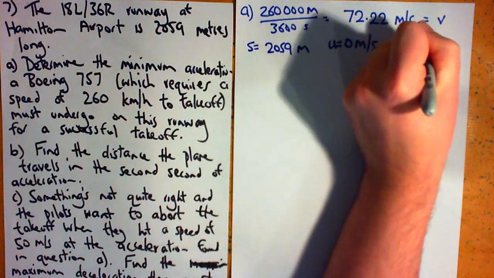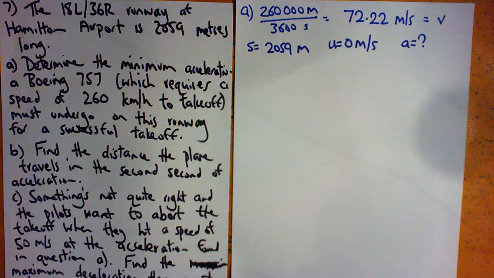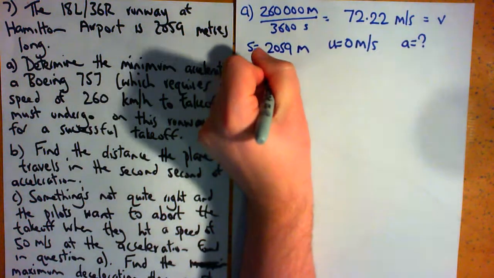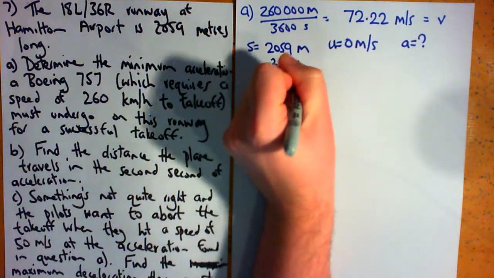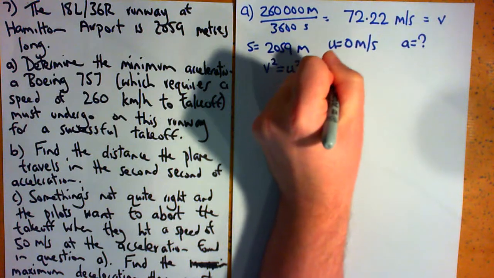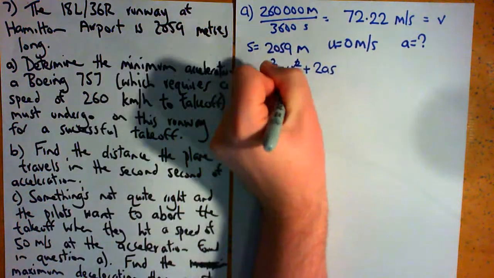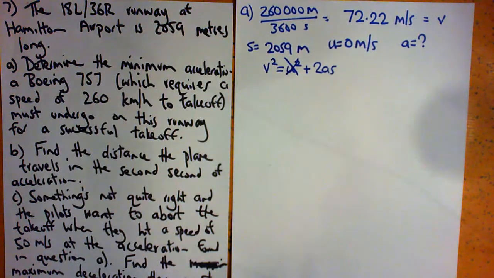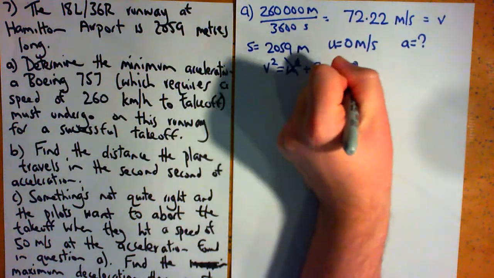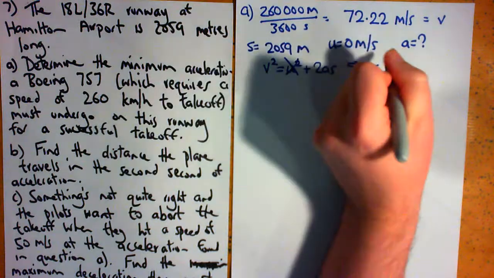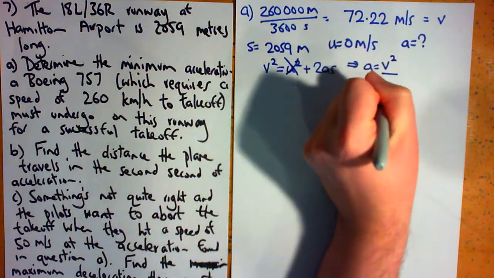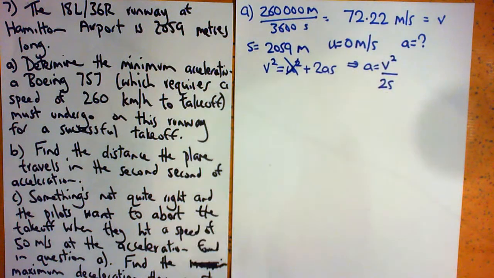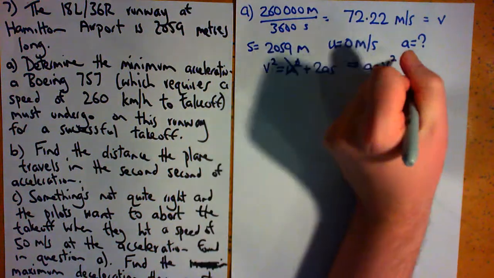We're trying to find the acceleration, and our four variables here are v, u, a and s. Therefore we need to use v squared equals u squared plus 2as. Here u is 0, so that becomes v squared equals 2as, and solving for the acceleration, if we divide through by 2s, we get a equals v squared over 2s.